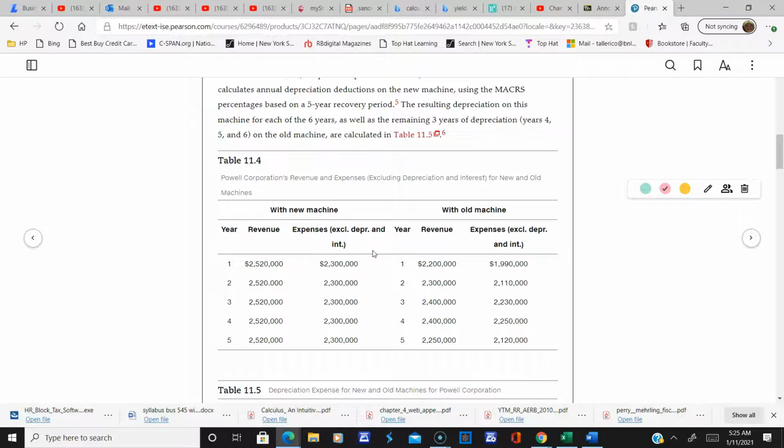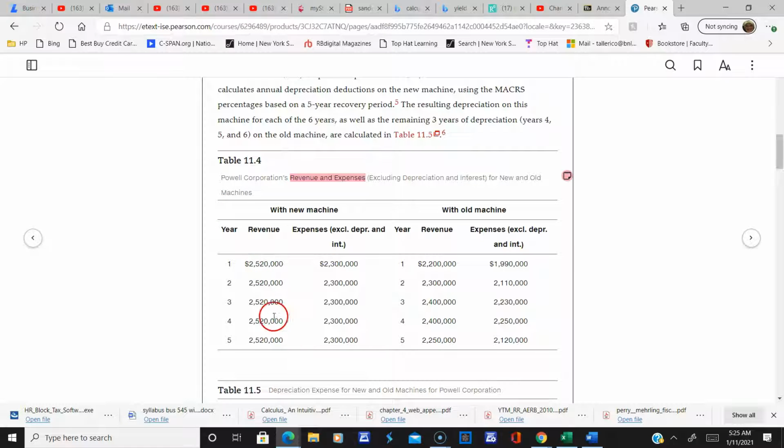We're going to look at table 11.5 here. So here are the revenues and expenses first, on table 11.4. Here's the new machine, and here's the old machine.